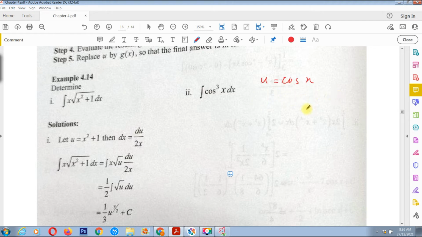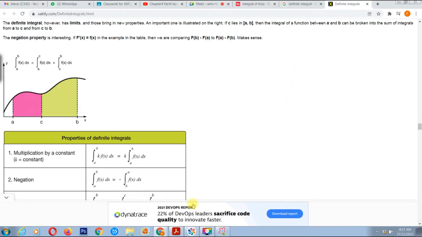Alright, so here, if you have cos x, we differentiate du with respect to dx.